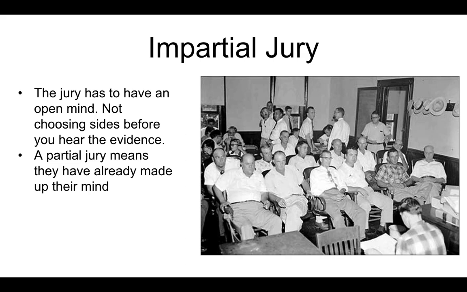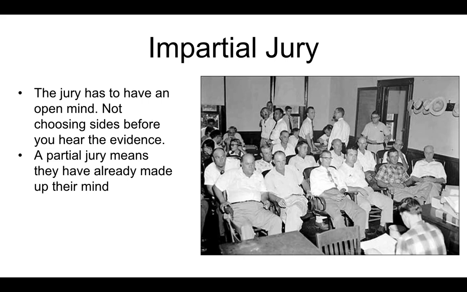An example of a partial jury is when, about 1955, there was a young man who was murdered. He was African American, about 14 years old, and he flirted with a white woman, and the white woman's husband and a friend of the husband murdered the kid, and there's really strong evidence that they did.